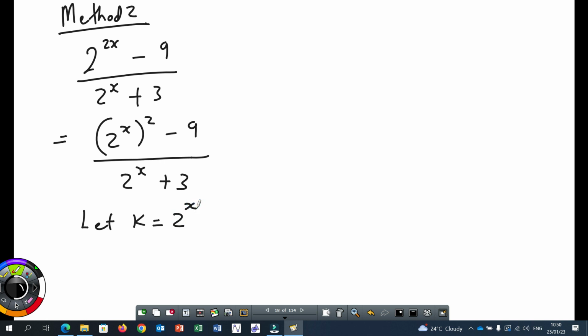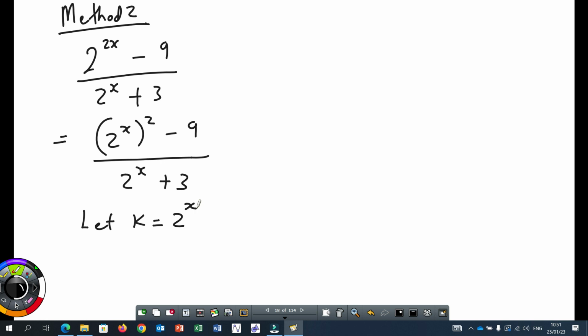The reason why I'm introducing the k method for method 2 is that some of you have issues trying to factorize that exponential term, or rather this numerator here, because you are not used to working with factorization of exponential terms. So it's better we take you to what you are used to from grade 9 and grade 10.